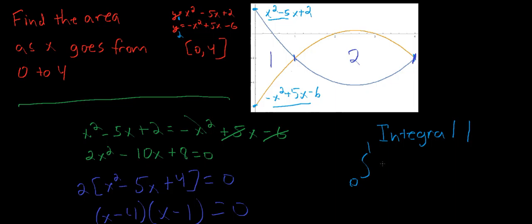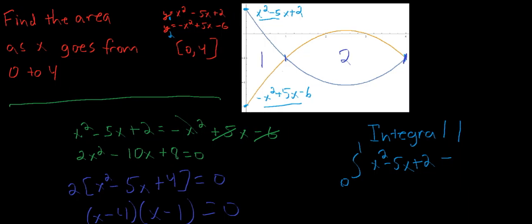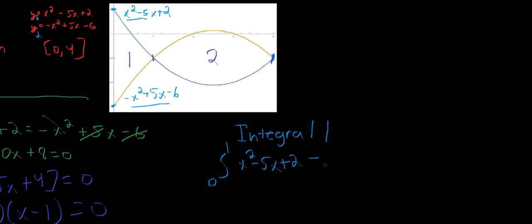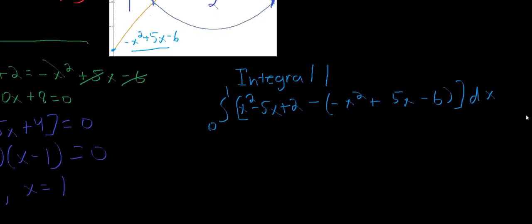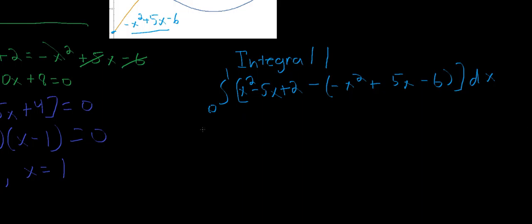So we have our upper boundary, which was x squared minus 5x plus 2, minus the lower boundary now, and don't forget that parentheses, negative x squared plus 5x minus 6, and all this with a dx. You need that parentheses because you've got to distribute that minus sign. You're subtracting the entire function, the entire y2 from y1.